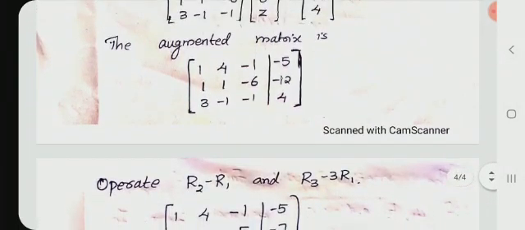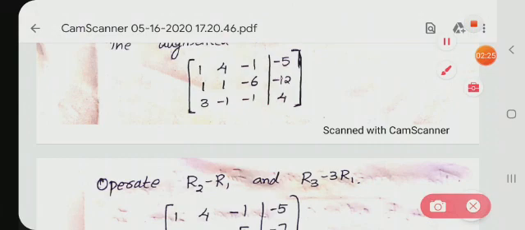Since 1 is in the second row, for changing it to 0 the operation is R2 minus R1. And 3 is in the third row, so for converting 3 to 0, the operation is R3 minus 3R1.